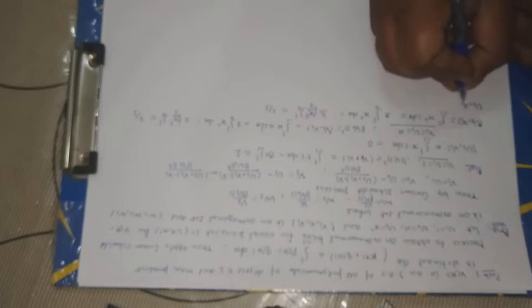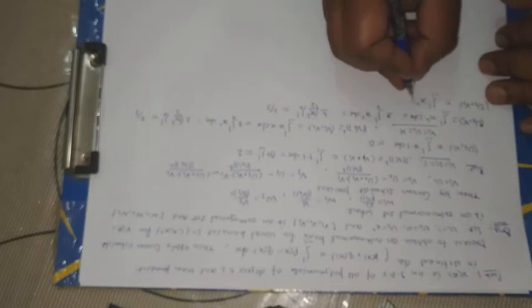Okay. Similarly, the inner product of u3 with v2 is the integral from -1 to +1 of x square into x dx, this is an odd function, so the value of this is always equal to 0.